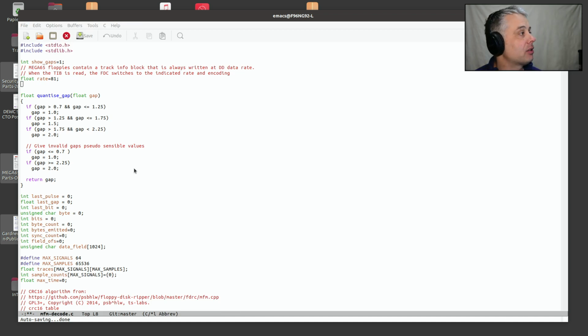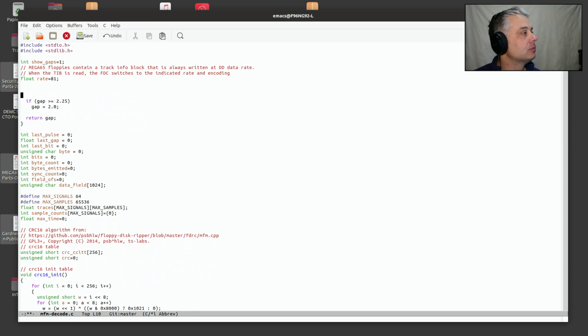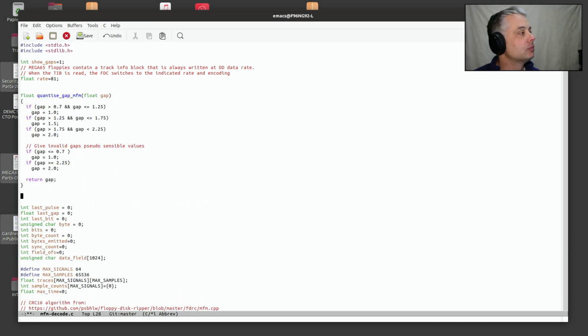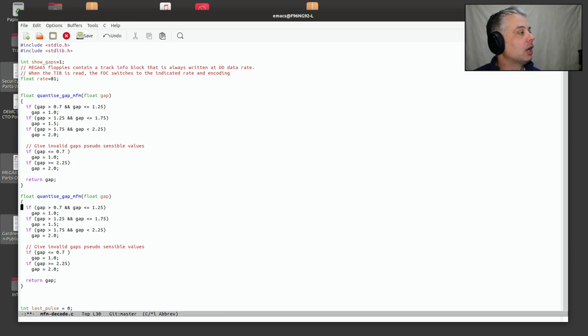But back to the task at hand. Right, so here's our quantized gap for MFM. So I'm going to call it MFM. Then we have quantized gap RLL27, because it's the RLL27 code that we're looking at. You're welcome there, James.